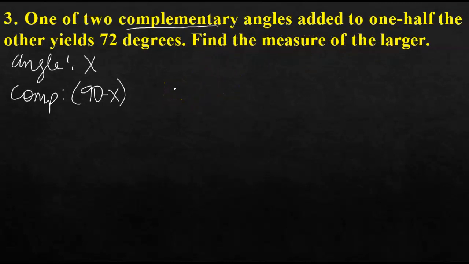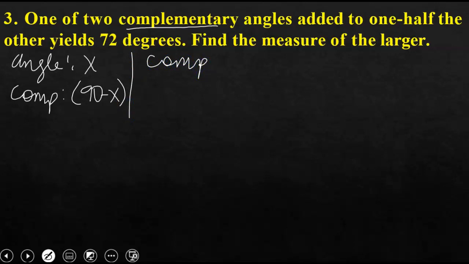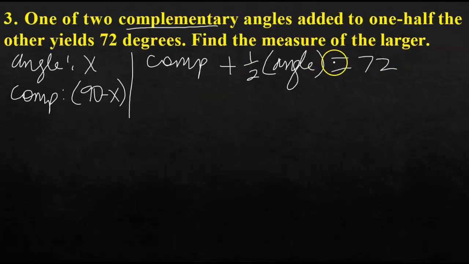Now, if we're going to define this, one of two complementary angles added to 1/2 the other, so the complement plus 1/2 the angle equals 72. If we're able to take the statement and write it in a shorter form, that gives you an equation: a complement plus 1/2 of the other.